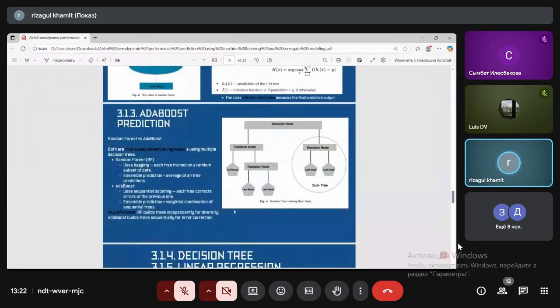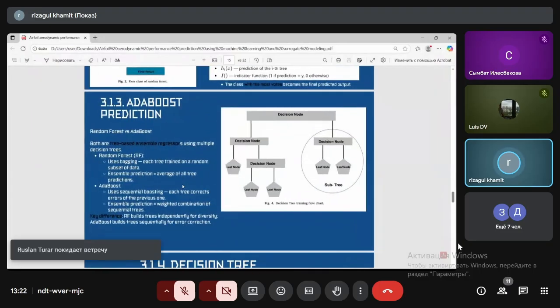The third type of algorithm is AdaBoost prediction, and this type of algorithm is relatively similar to random forest because both of them are tree-based ensemble regressors, but of course they have differences. For example, random forest uses bagging while AdaBoost uses sequential boosting. In random forest, each tree is trained on a random subset of data, while in AdaBoost, each tree corrects errors of the previous one.